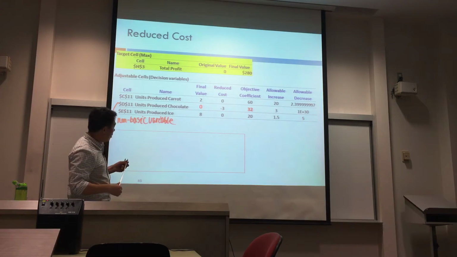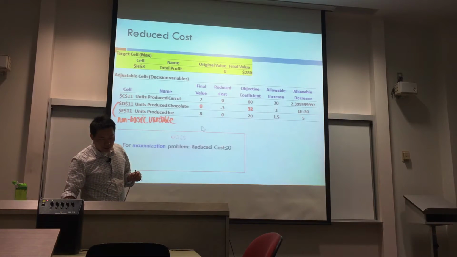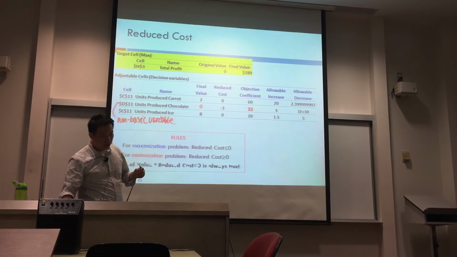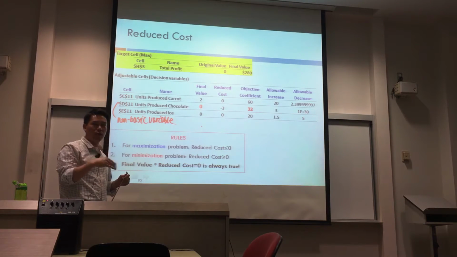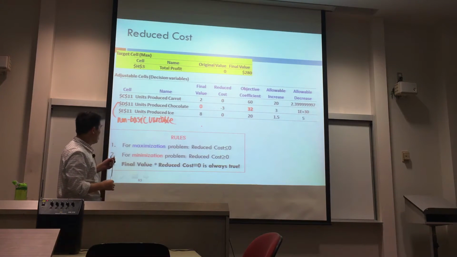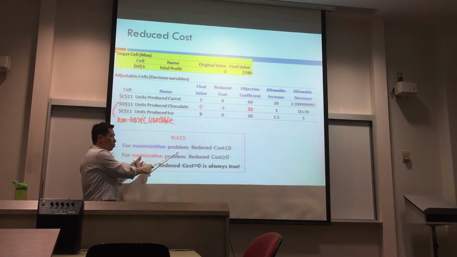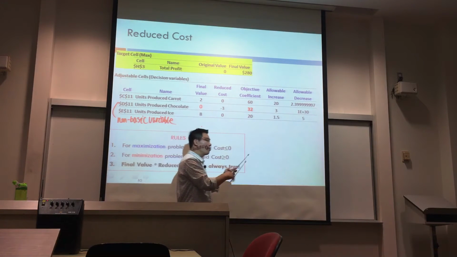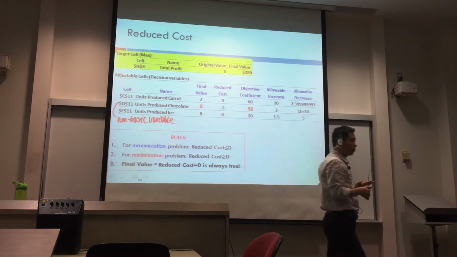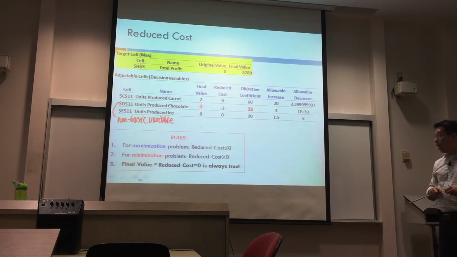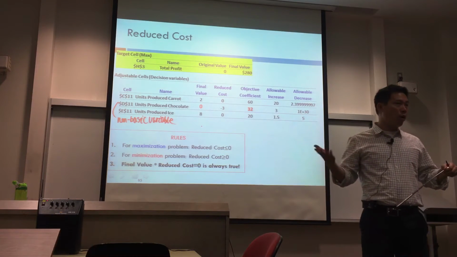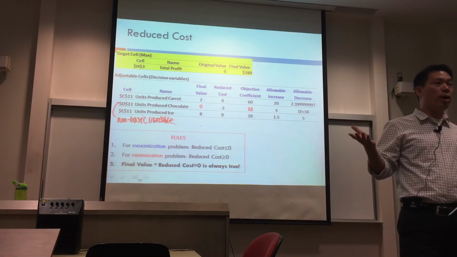And as you can see, we can summarize and use those rules, right? So first of all, for a maximization problem, reduced cost is less than or equal to 0. Why? Because a maximization problem is like profit margins, right?